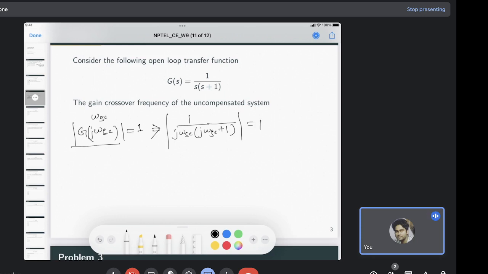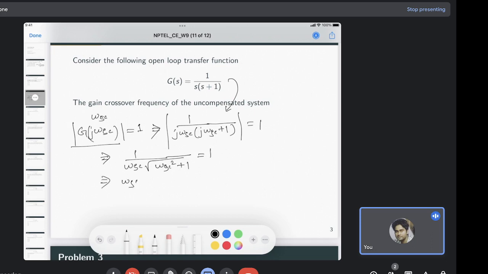We substitute the given transfer function and equate the magnitude to 1, which implies we have omega gc times the square root of omega gc square plus 1. We take the magnitude, which is the square root of the imaginary part squared plus the real part squared.